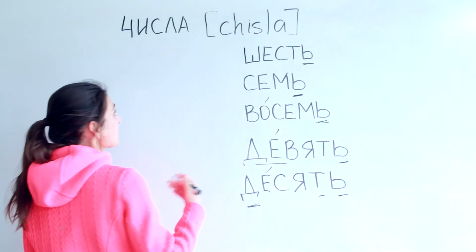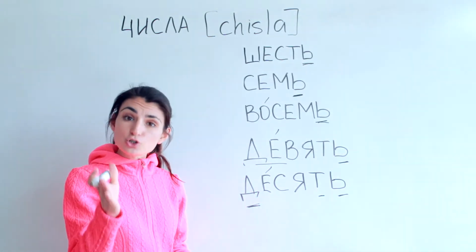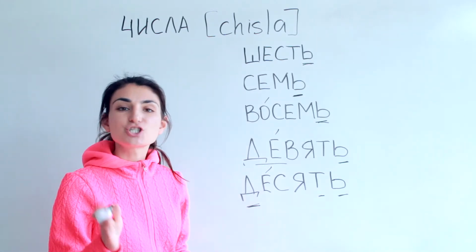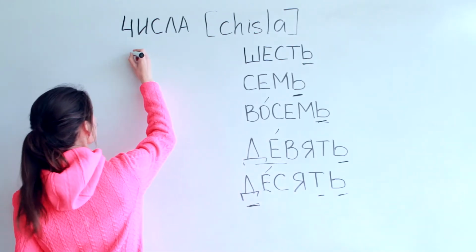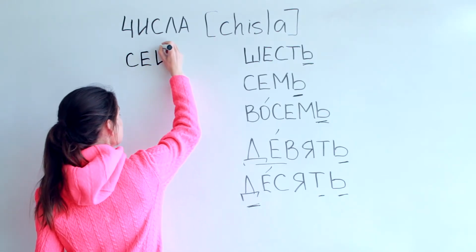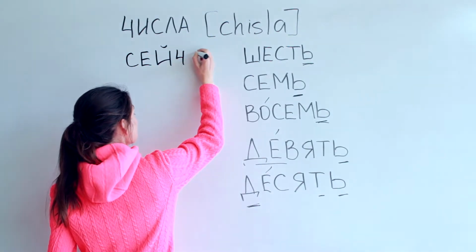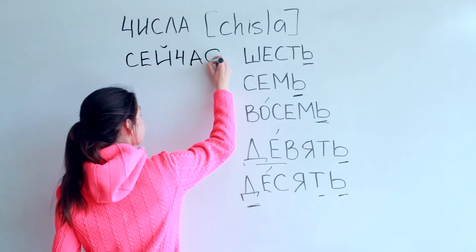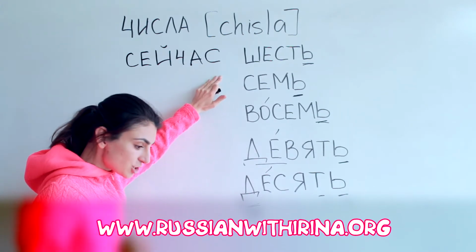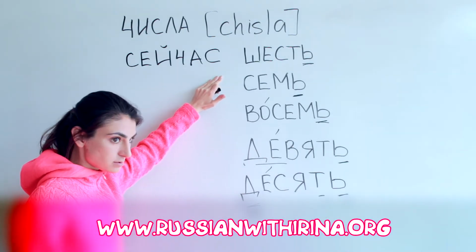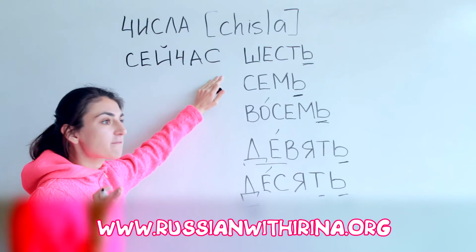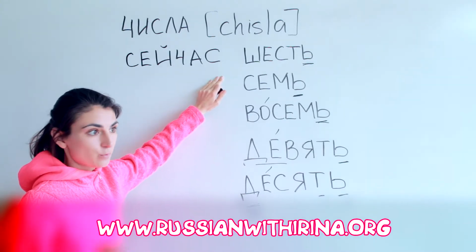Let's learn the words. Now, you actually saw this word before. It's the word сейчас. Alright, let's write it down together. Сейчас. Сейчас, now. In the Russian language, we do not, I underline again, not use the verb to be. We just don't.